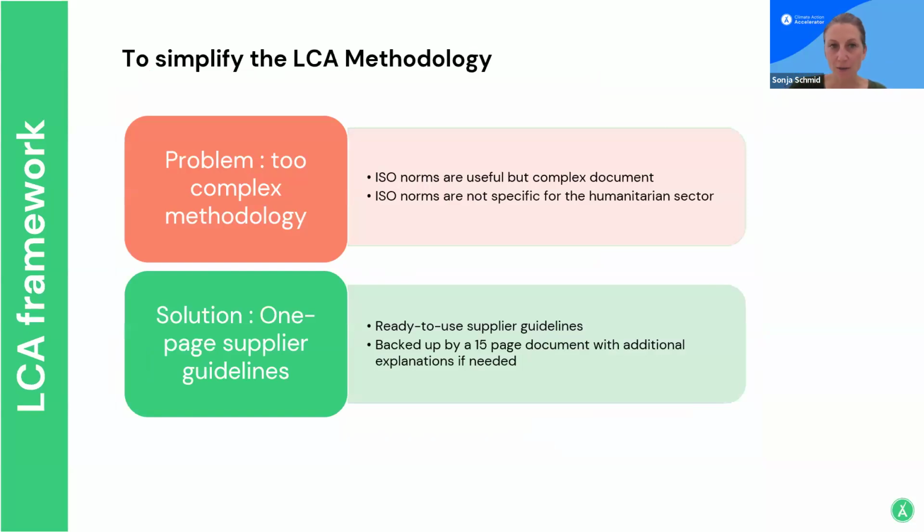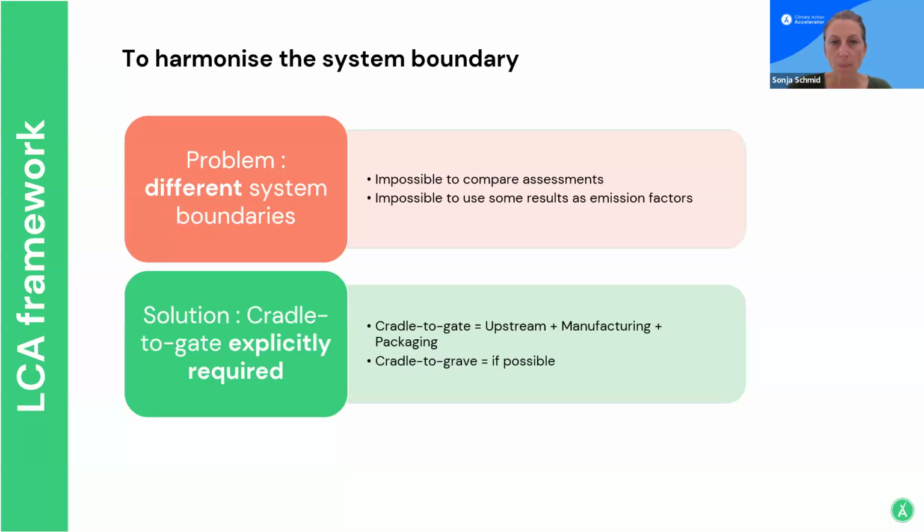But ISO norms are very useful, but they're also quite complex documents and very long, and also not specific to the humanitarian sector. So here it's really breaking this down, what is included in an ISO norm, and making the same information available in an easier to understand manner. Next slide.